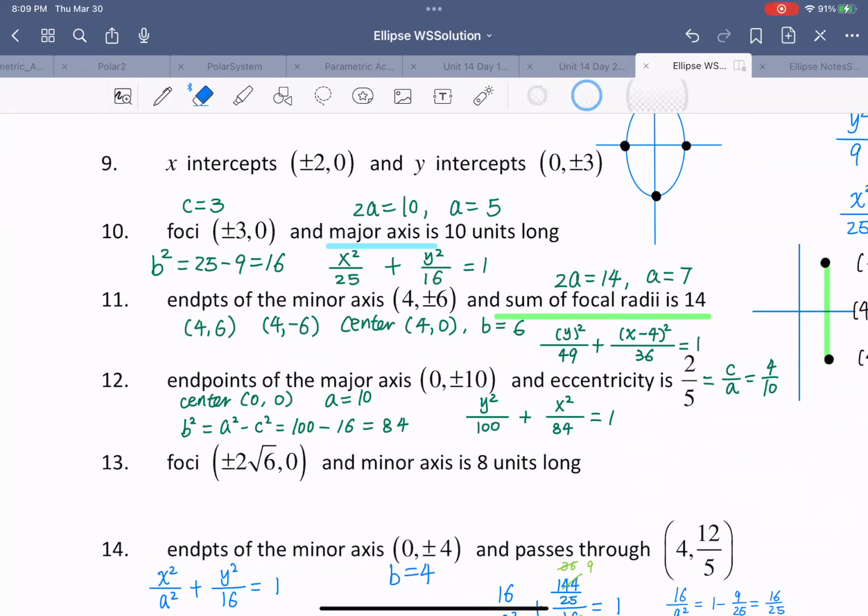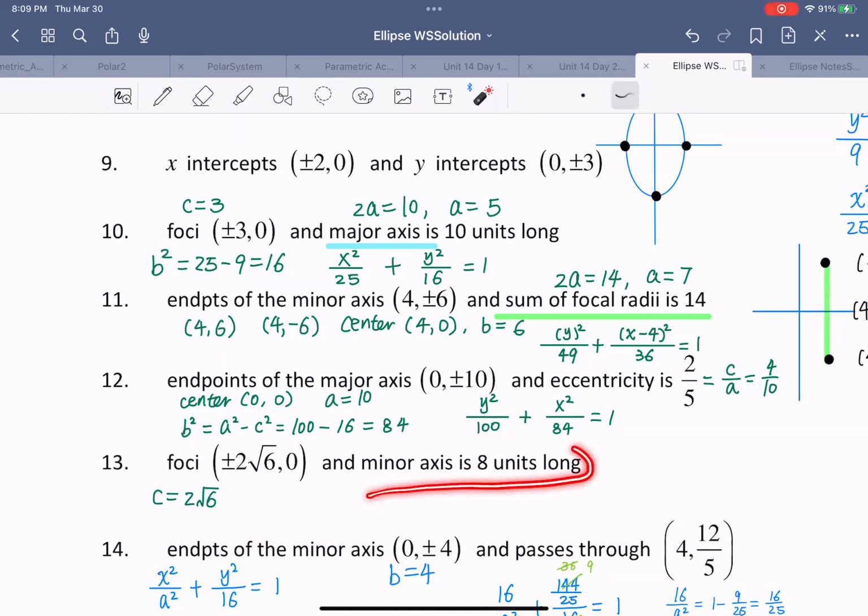Number 13. Joanna, look at this. This tells you the C value, right? Because plus minus means it's symmetric over 0, 0. So your C is 2 square root 6.